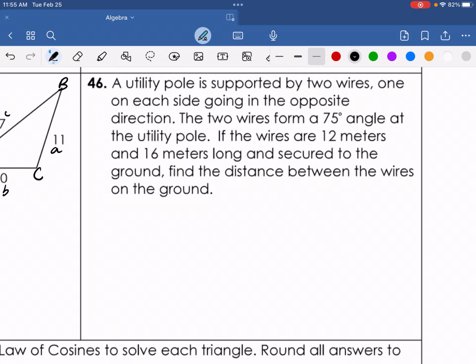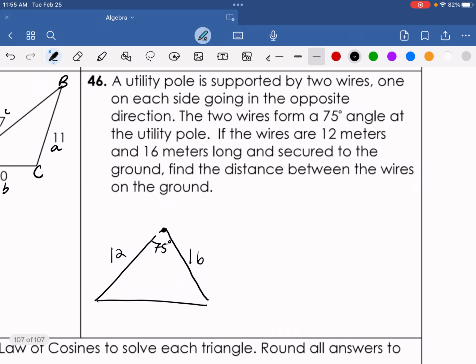So what it's saying is there's a pole in the middle, and we don't really care about the pole. But then there's a wire that goes from the top to the ground, and there's another wire that goes from the top to the ground. We want to know how far apart the wires are, so we really don't care about the pole. Okay, one of the wires is 12, the other wire is 16, and then they form a 75-degree angle at the pole. So this is 75 degrees, and you're finding x.